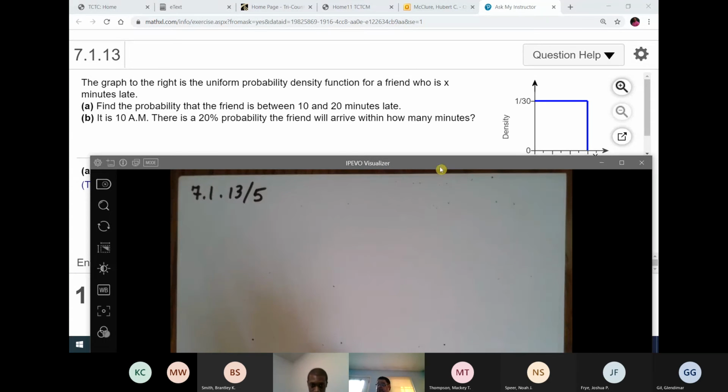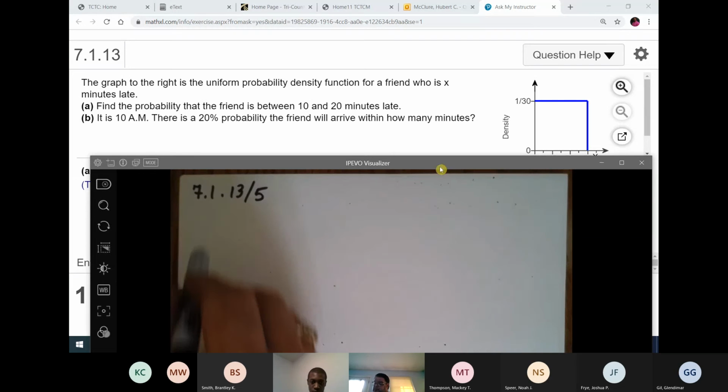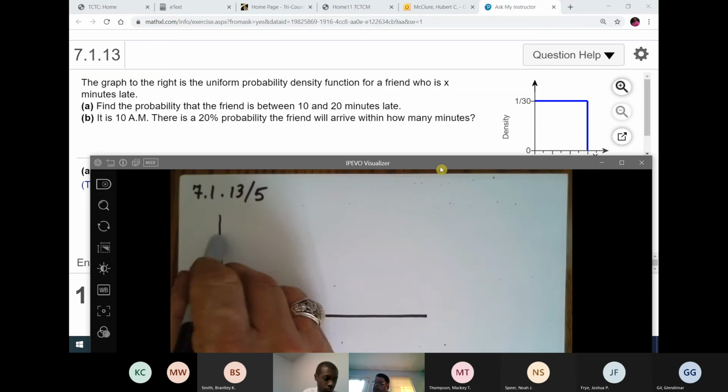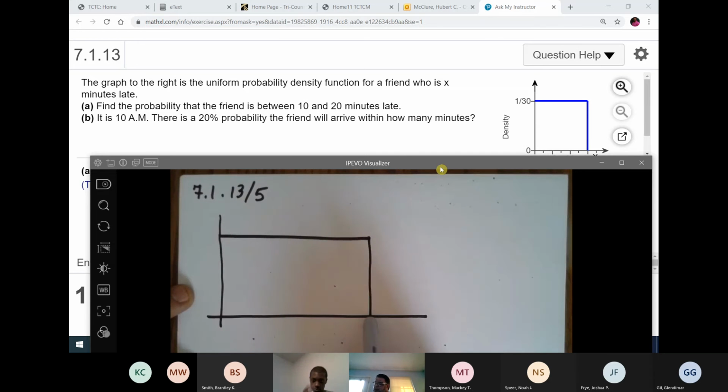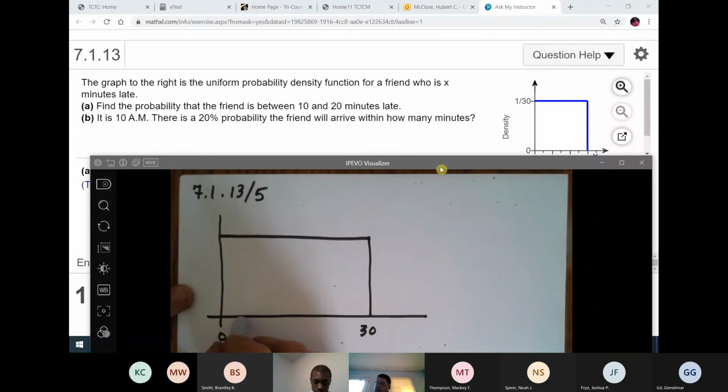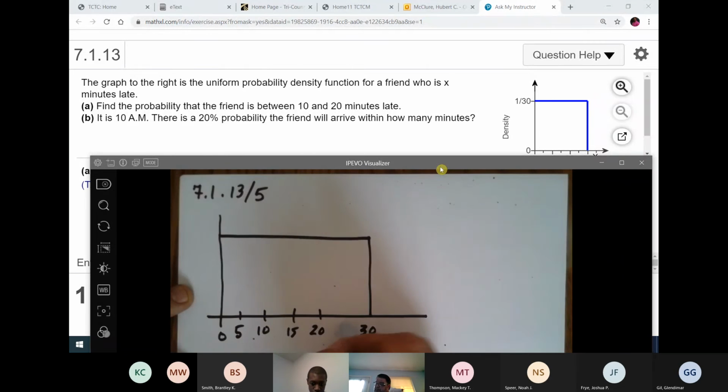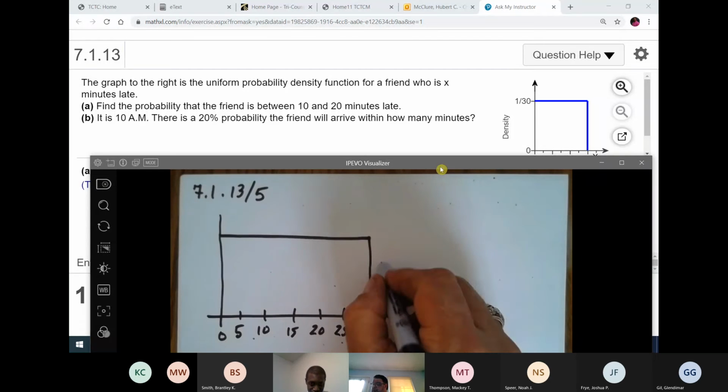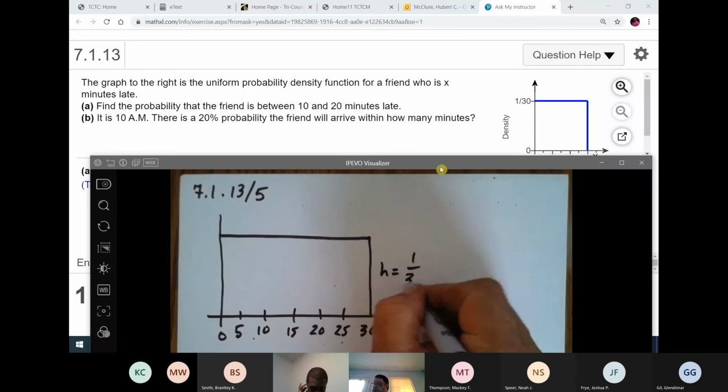And it's time, so it's going to look like a rectangle. We've got a rectangle from 0 to 30, so 5, 10, 15, 20, 25. And this one does give us the height equal to 1/30.